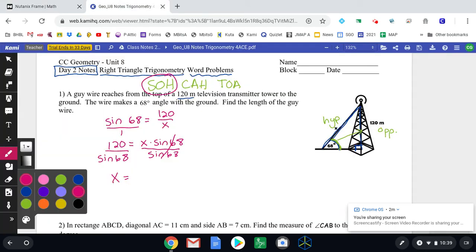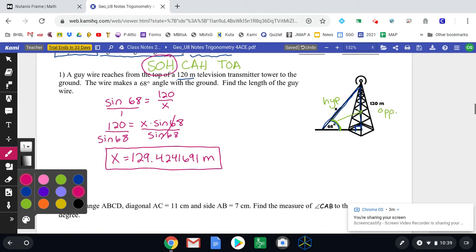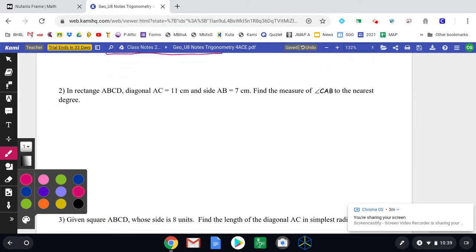There we go. I've got 129.42416191. It doesn't tell me exactly how to round that, so I'm going to leave that as a whole number to the nearest meter.